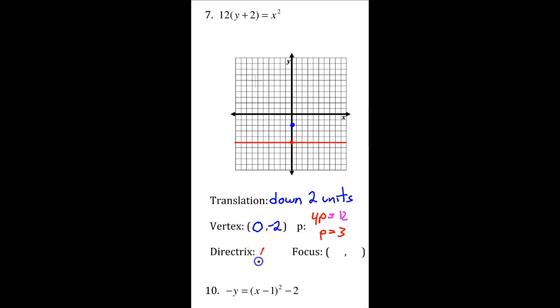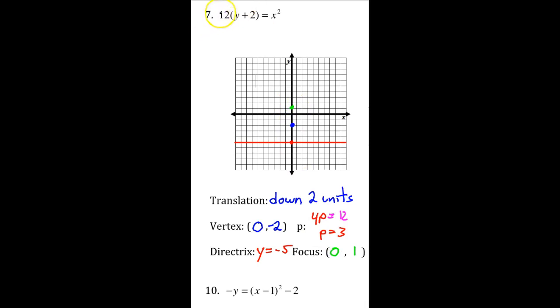So we'll have y from negative 2 down 3, negative 3, negative 4, negative 5. Negative 2 minus 3, which means the focus must be up 3. Negative 2 plus 3 would be 1, with the x-coordinate being the same as the vertex.